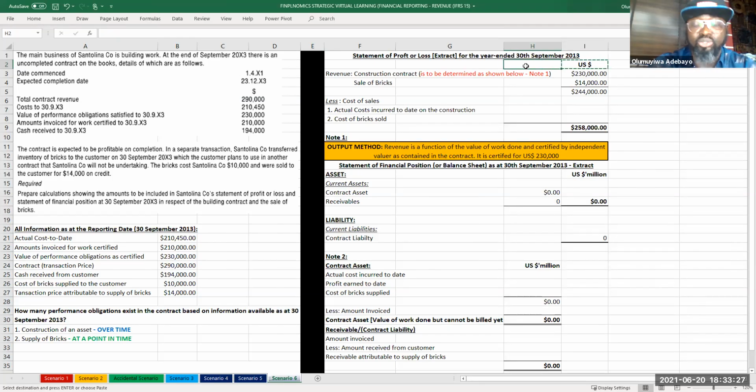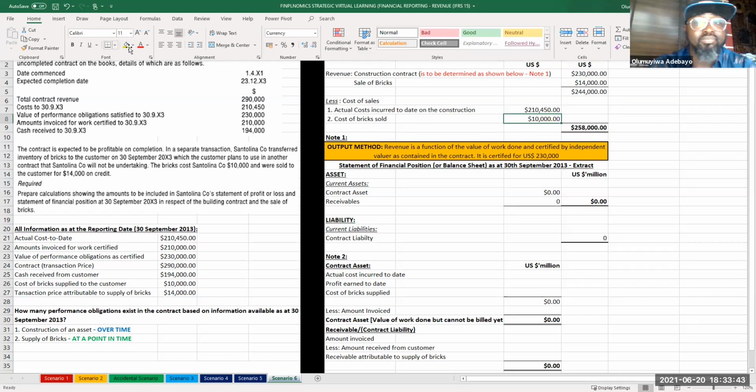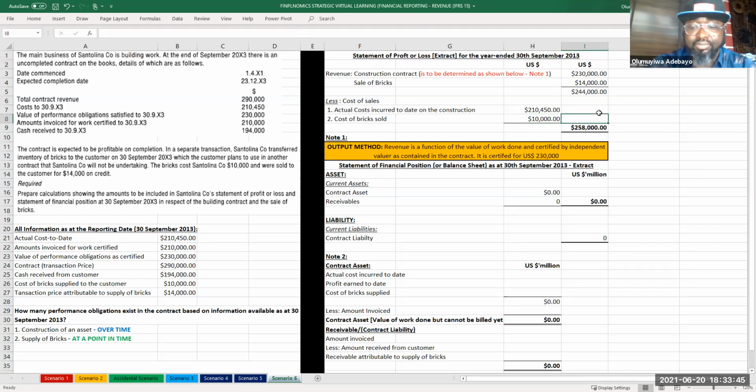All figures in US dollars. Now, what is my actual cost incurred to date? 210. What is my cost of bricks? 10,000. Therefore, it means my total cost of sales is this.